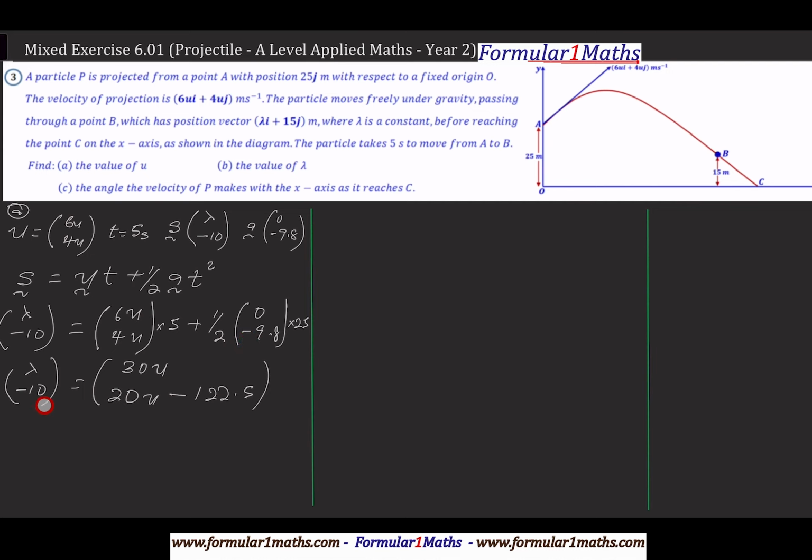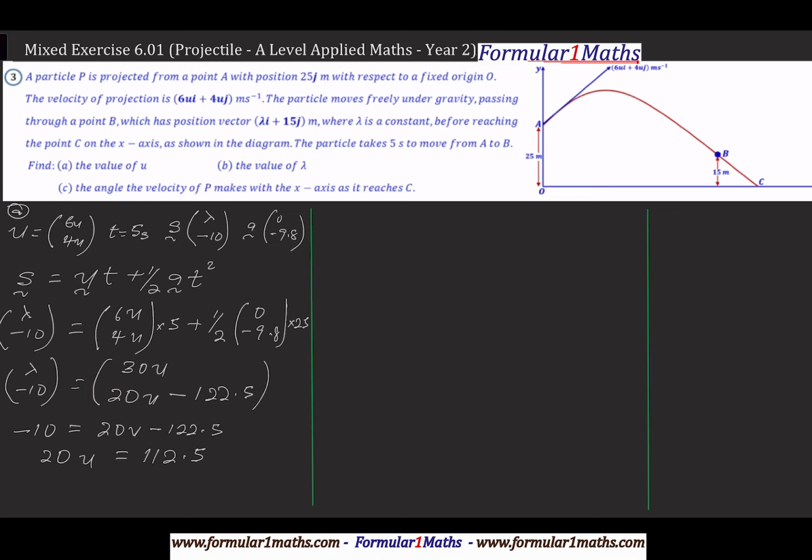So for the vertical component, I can use the vertical component to solve for u as follows. Minus 10 is equal to 20u minus 122.5. Rearranging will give you 20u is equal to 112.5.